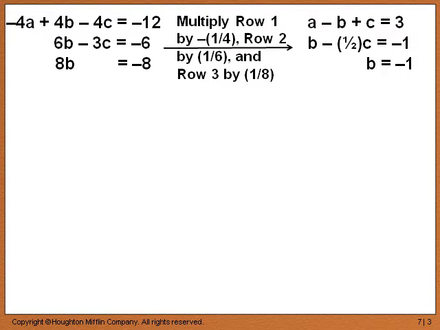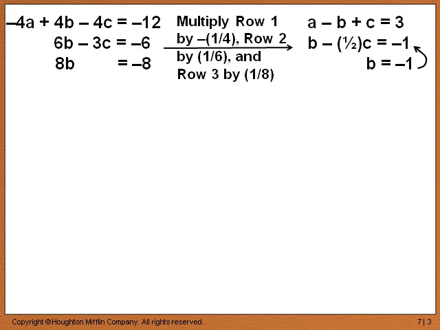And we end up with A minus B plus C equals 3, B minus 1/2 C equals negative 1, B equals negative 1. Again, not exactly in row echelon form, but it's in a pattern that really matches the basic pattern of row echelon form. And therefore it's solvable.